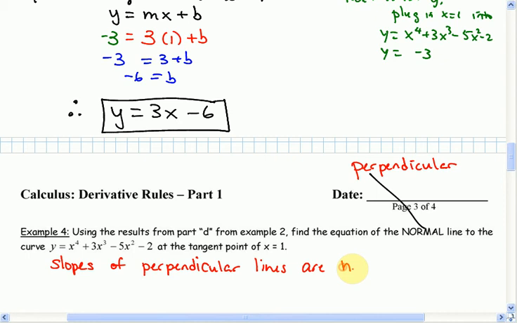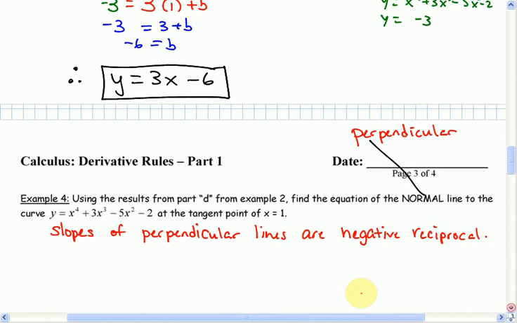Slopes of perpendicular lines are negative reciprocal. Check your notes if you still have them. So the slope from before was 3. So therefore now what's the slope of the perpendicular?